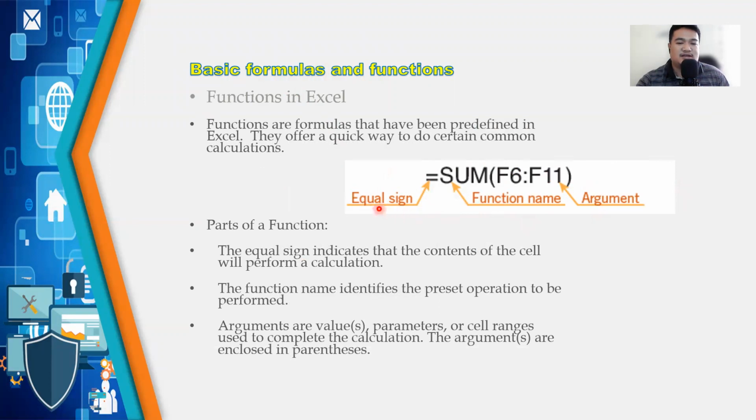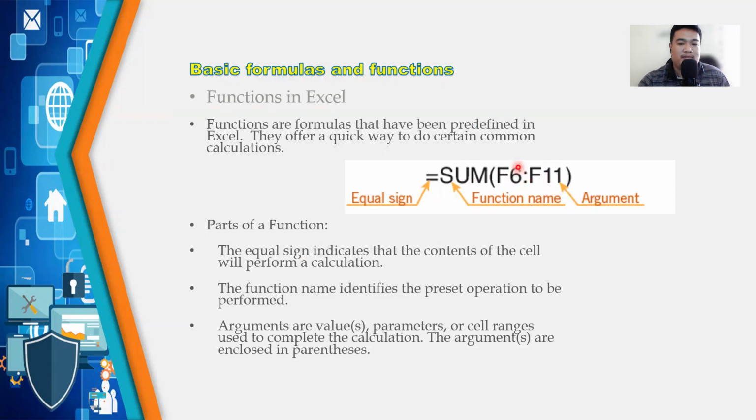And let us just not forget that if you input formulas, functions, or mag-perform ka ng calculation sa Microsoft Excel, it is always started with equal sign, and then the function name, and then the argument. Yung argument natin, ito yung i-evaluate niya ng mga cells na i-consider niya to perform yung function like sum.